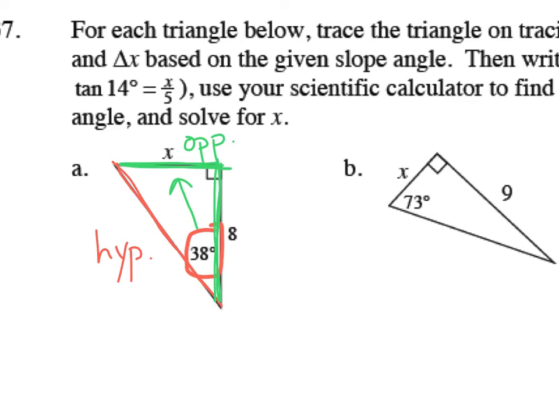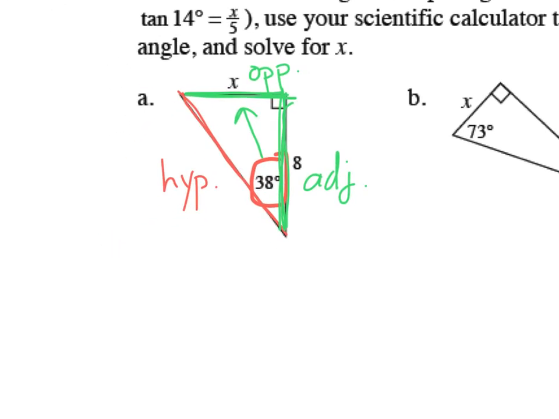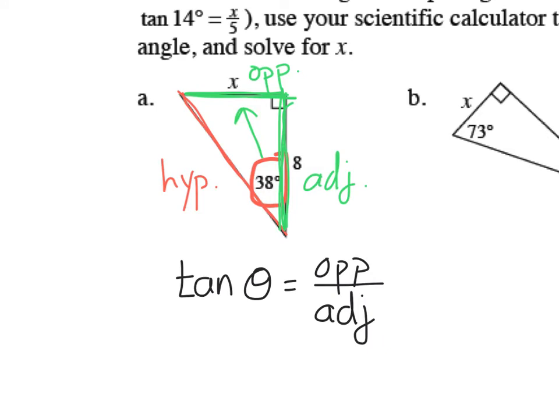The one that is next to the 38 degree angle is called the adjacent side. And so what we just wrote down in the math notes previously is that we can say the tangent of some angle, a special name for talking about the slope ratio of an angle, is equal to the opposite leg over the adjacent leg.